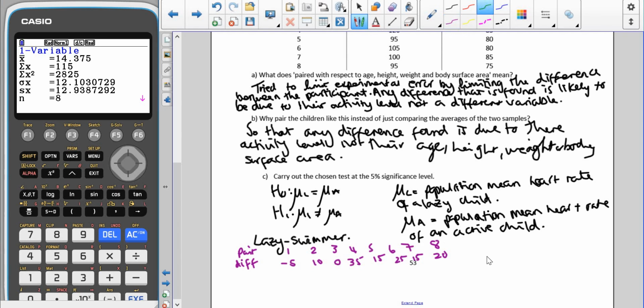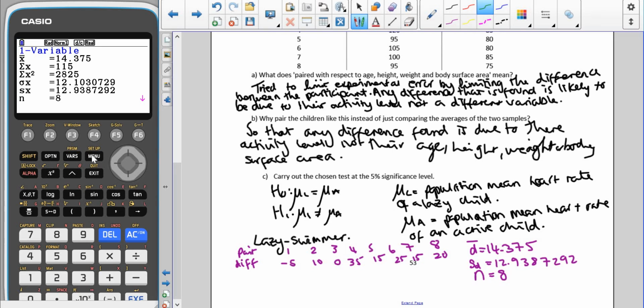The mean of the differences is 14.375. The sample standard deviation of the differences is 12.9387292. And again, notice I've written the whole thing down here because I'm doing a further calculation with it. Don't start rounding at this point. And the number of pieces of data that I have is 8.